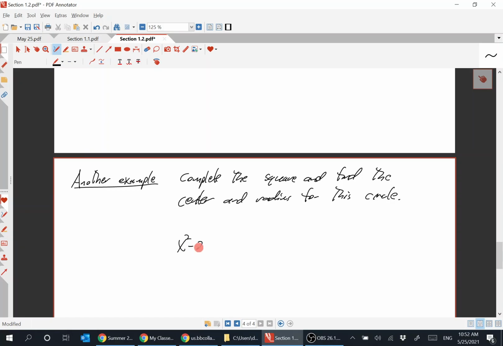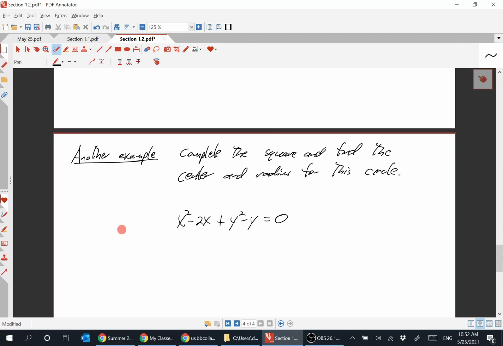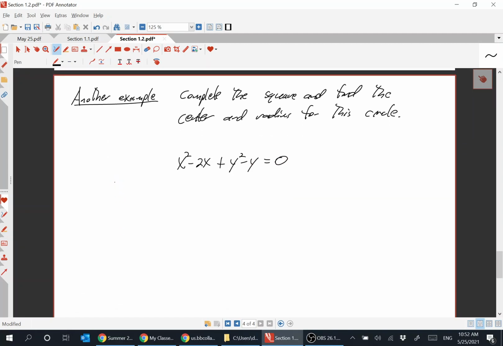So x squared minus 2x plus y squared minus y equals 0. Okay, so take the coefficient of x, which is 2. Divide by 2, you get 1. Square the 1, you get 1. So add in, with the x's, 1. And then on the right, you're going to add 1.